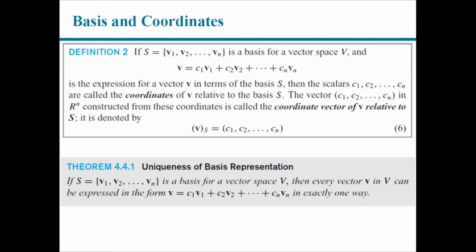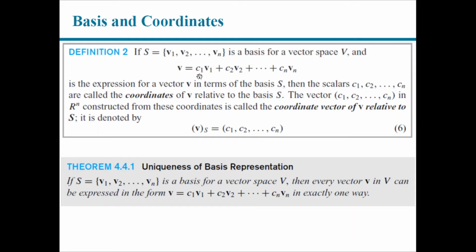First, a reminder. We have a linear space V and we have a basis for V, set S with n vectors. So this linear space is n-dimensional, which means that every vector in that linear space is a linear combination of basis vectors by definition.